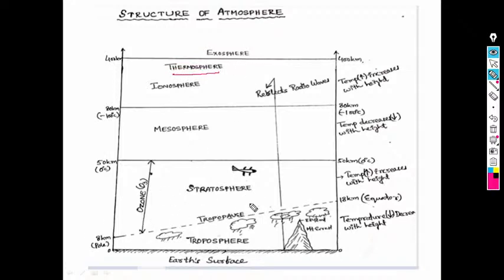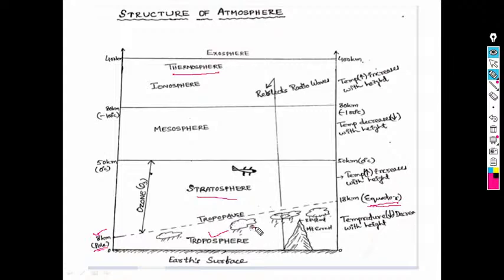Our atmosphere is divided into the troposphere and the stratosphere. The troposphere extends from about 8 kilometers at the pole to 18 kilometers at the equator. Just see, then we will discuss one by one. This is the width of the troposphere.